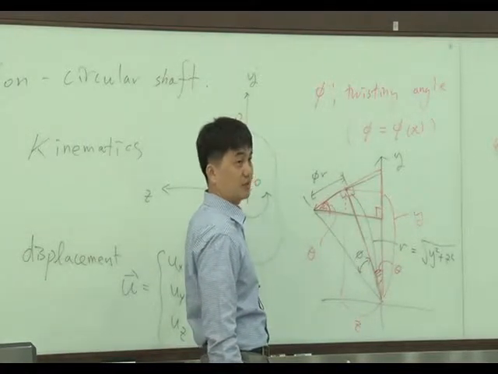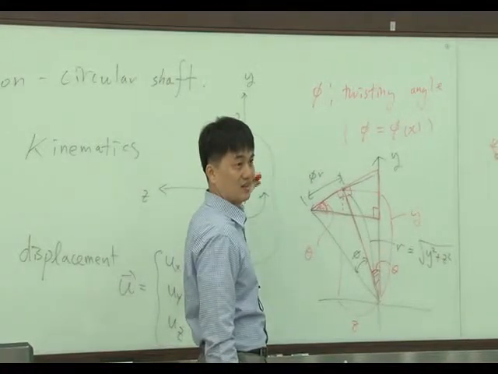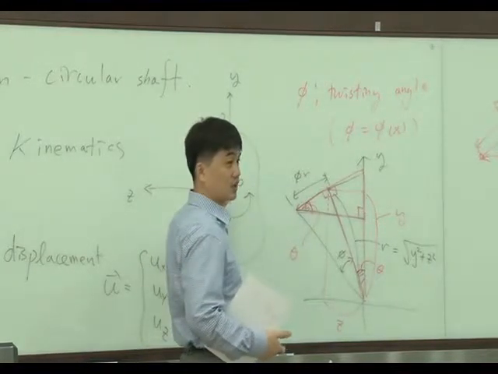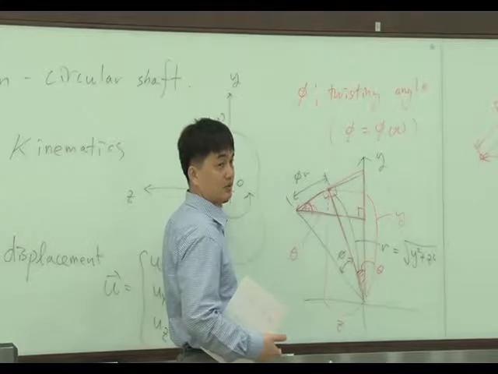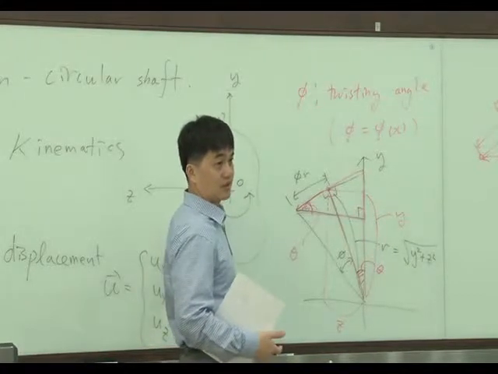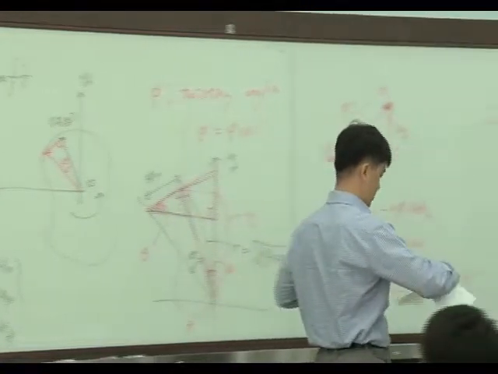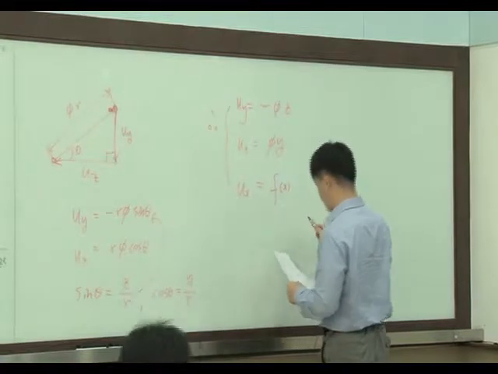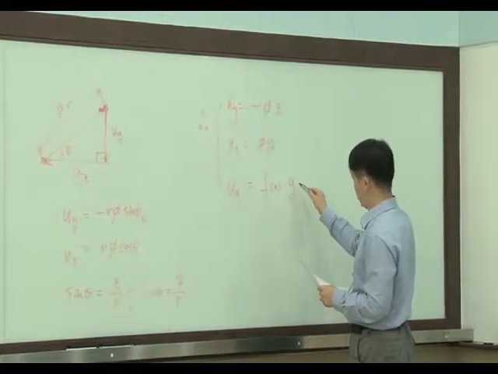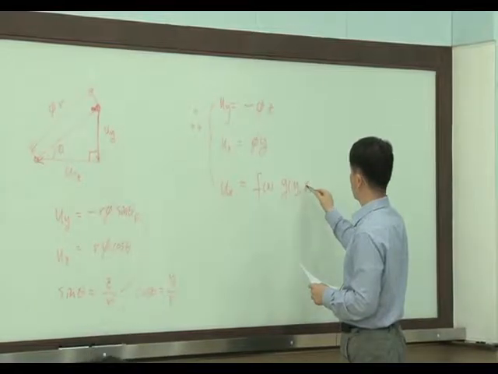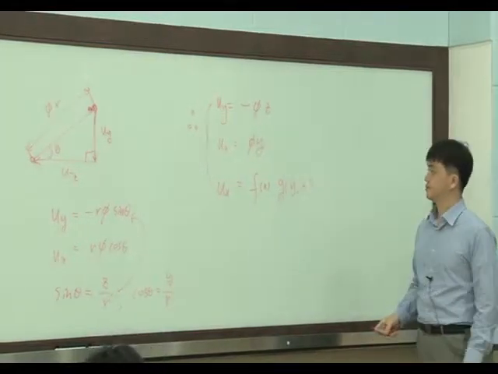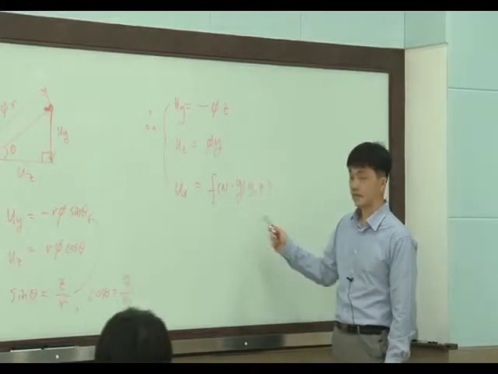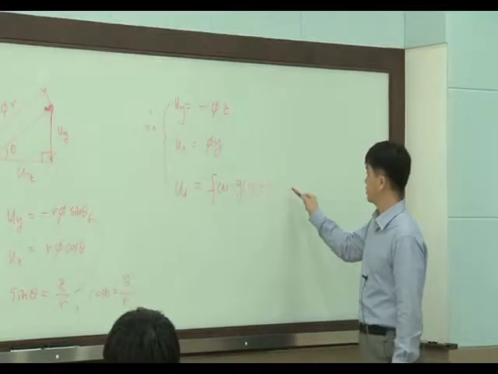It's possible, actually. If you twist some member, we can have a displacement in the length direction, and this is a function of x, y, and z. We are saying this is a warping displacement.